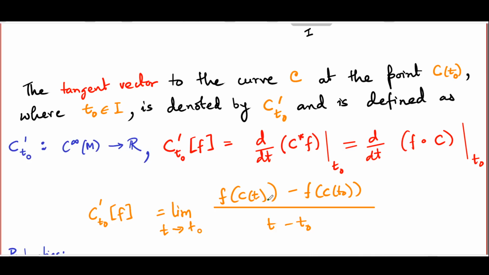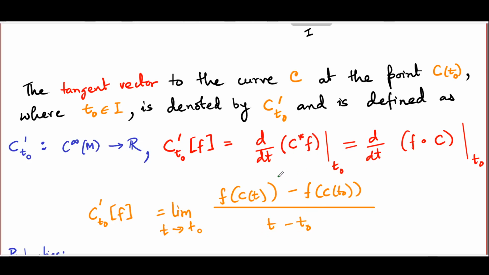You evaluate f at a point C(t), which is very close to the point C(t0). t is taken to be very close to t0. Find out how much the function increases from its value at C(t0). If you do that, divide by the interval t minus t0 and take the limit as t goes to t0.